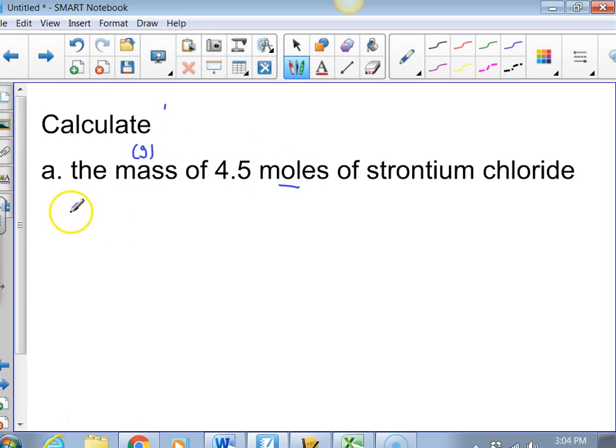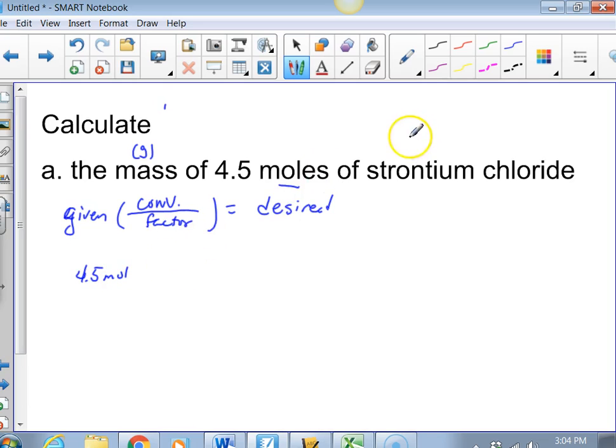So we're given, if you'll remember in factor label or dimensional analysis, we have a given multiplied by a conversion factor, and that equals the desired answer. So in this case, our given is 4.5 moles of strontium chloride.